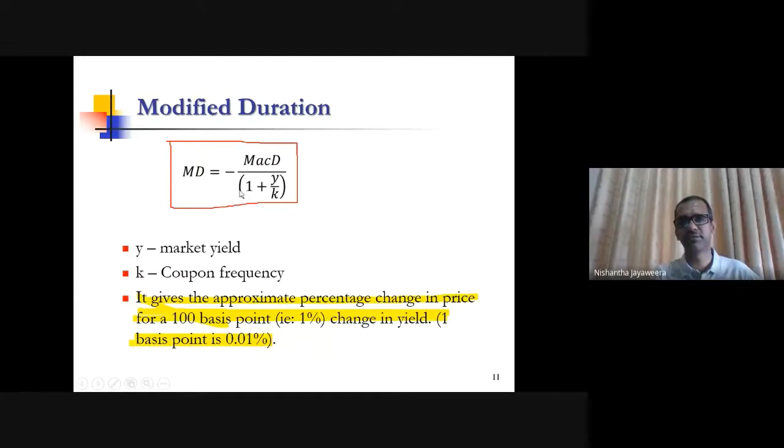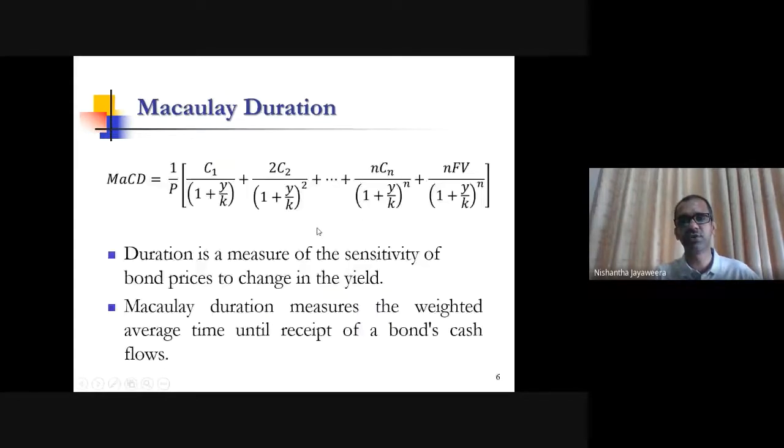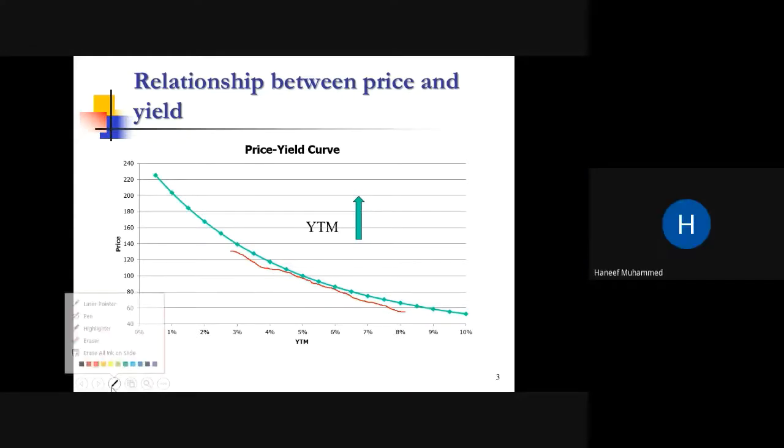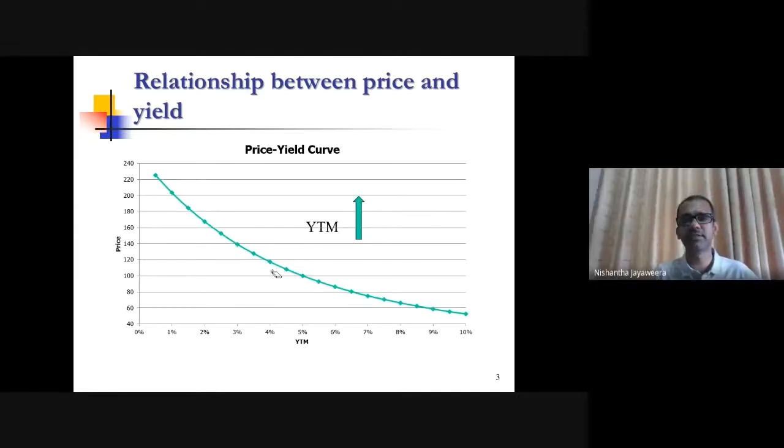There's a reason for this 1 plus y over k. And the reason is that here we measure the slope of this curve at any particular point. So what is the slope of this curve at this point at 5%? What is the slope at 5.5?